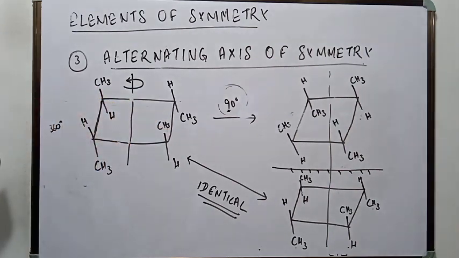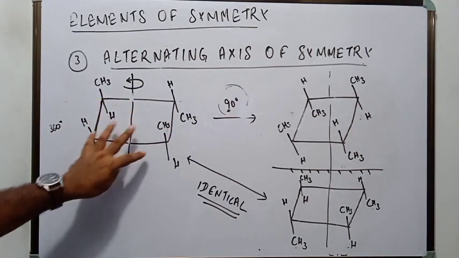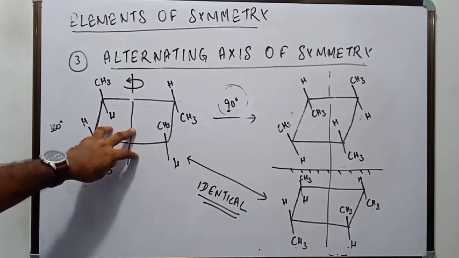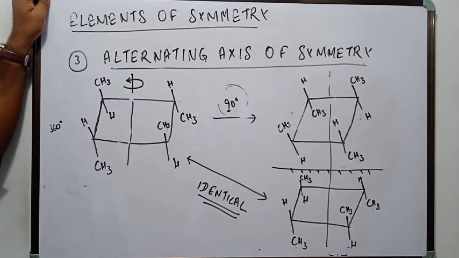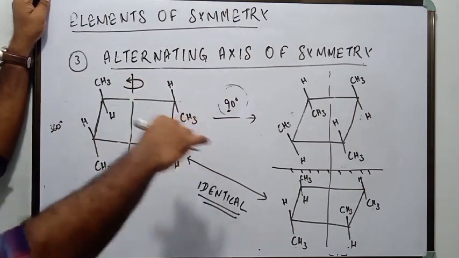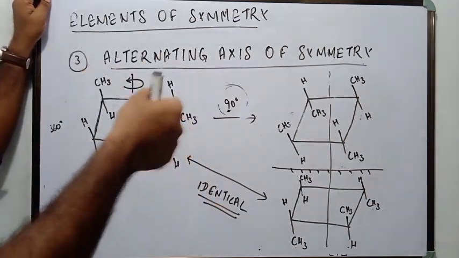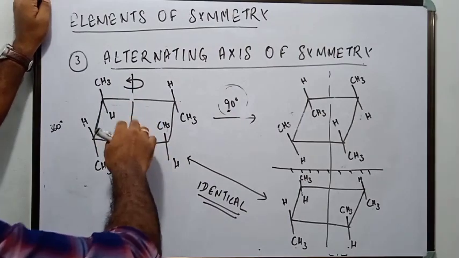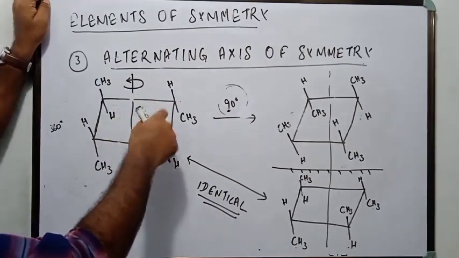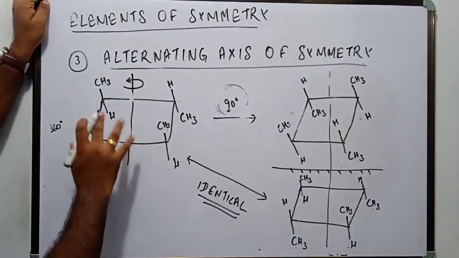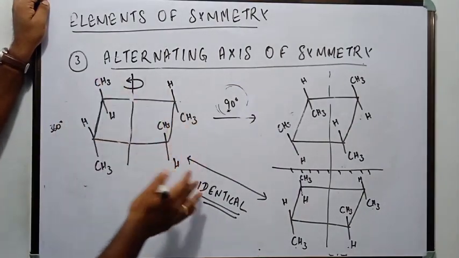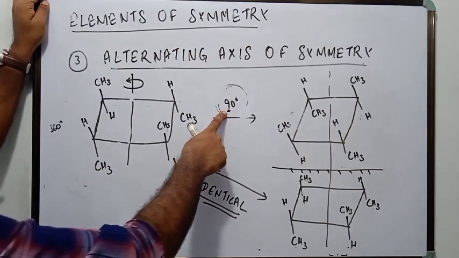This is what? Tetramethyl cyclobutane, correct? This is 1,2,3,4-tetramethylcyclobutane. So I am getting this thing. I am going to give you the definition one more time. Alternating axis of symmetry: a molecule is said to have an alternating axis of symmetry if it is rotated at a predetermined angle until the whole molecule is rotated through 360 degrees.